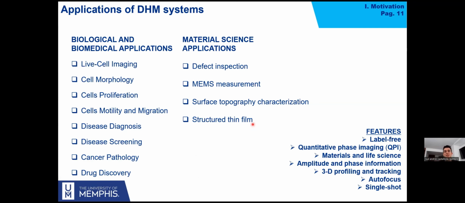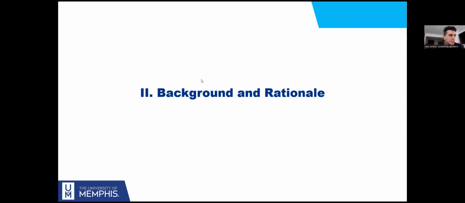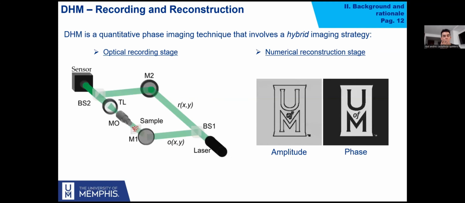In the world of material science, DHM has applications, for instance, in defect detection, inspection measurements, surface topography characterization, and structure.